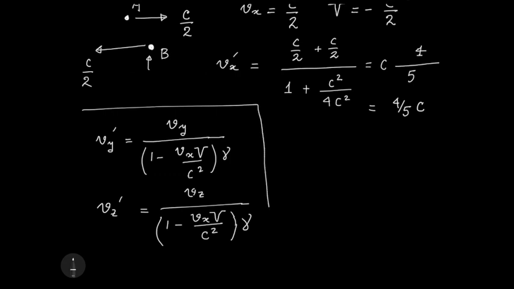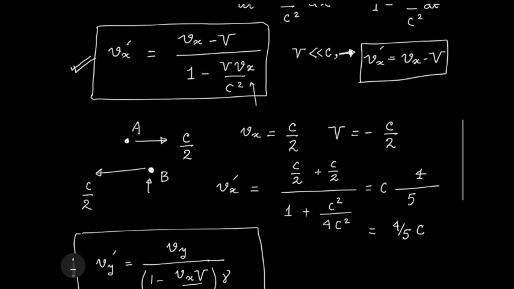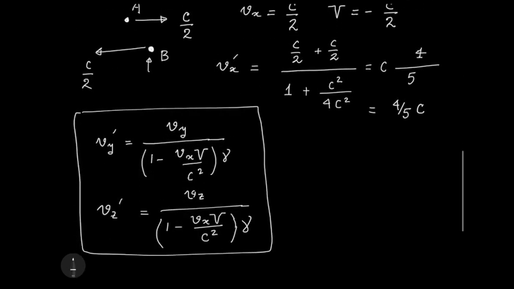Okay, and Vx is already written. How the Vx will change is already written upstairs here, Vx prime. So what have we learned? You see, all three Vx, Vy, Vz change, and they do not change in proportionate amount.